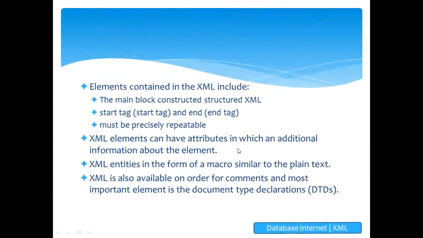XML elements can have attributes, which give additional information about the element. XML entities are in the form of a macro, similar to plain text. XML also has comments, and the most important element is the document type declaration, or DTD.